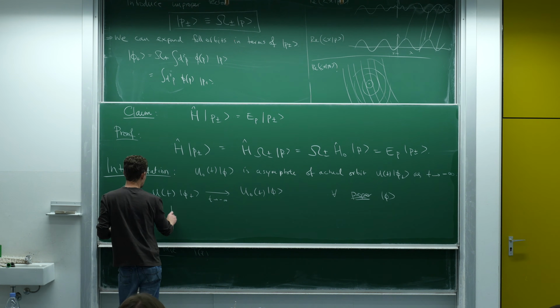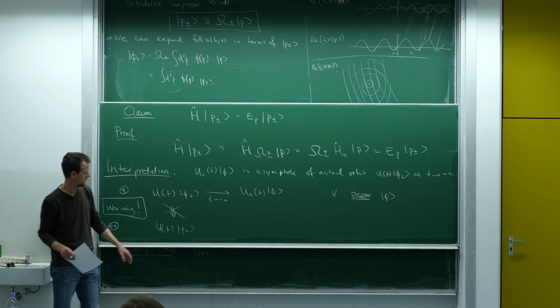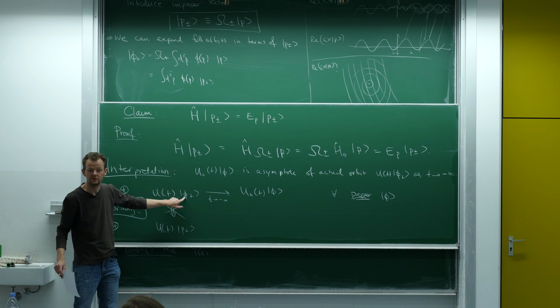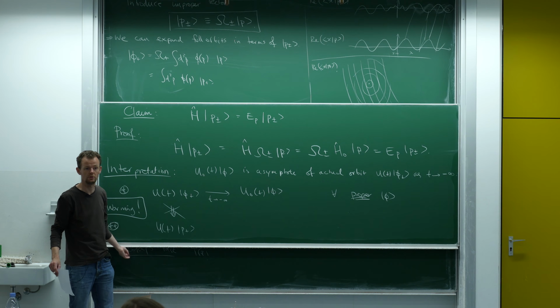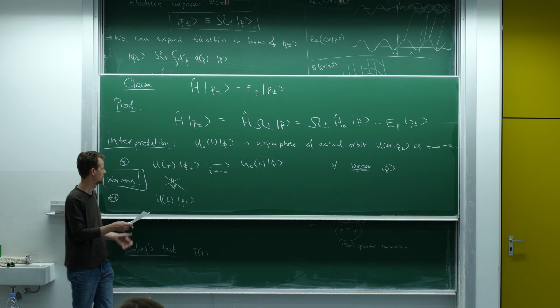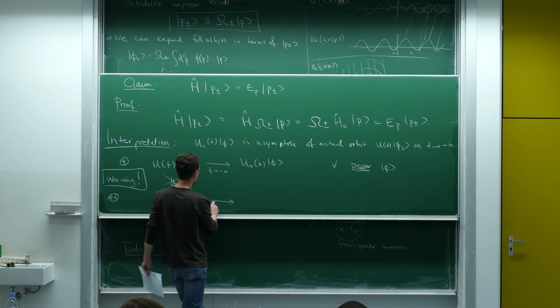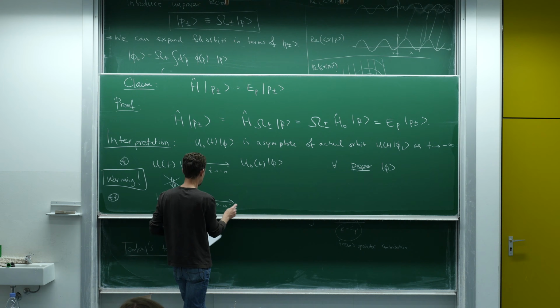You might think that U of t on p plus, for example, you know, if I just replace this with p, what's stopping me doing that? Nothing. You might think that that tends, as t tends to minus infinity.